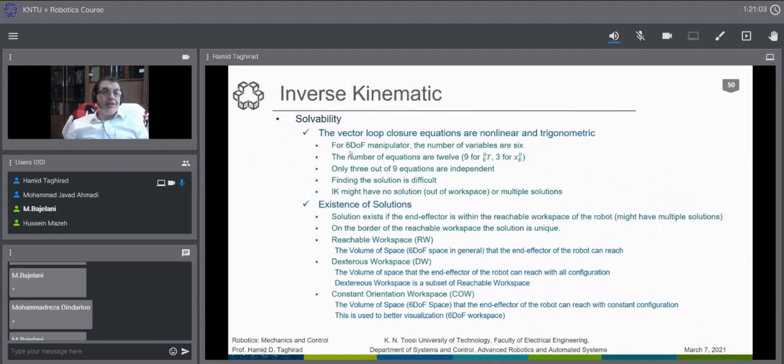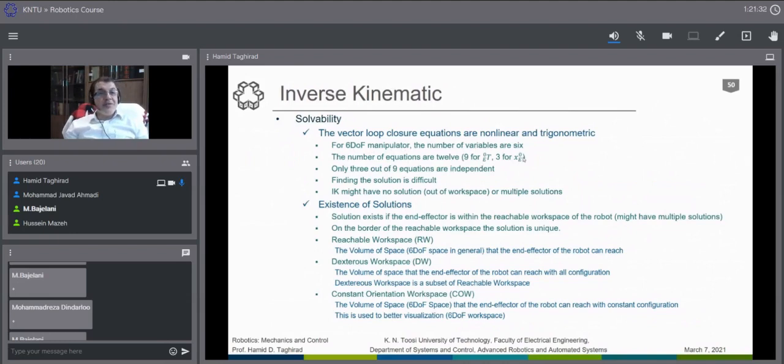But if we write it in a matrix form, as we did in Denavit-Hartenberg, or even in screw coordinates, we have 12 equations, 9 for orientation and 3 for position. We have usually 12 equations with 6 unknowns, but we know that these 12 equations are not independent. They are related to each other.